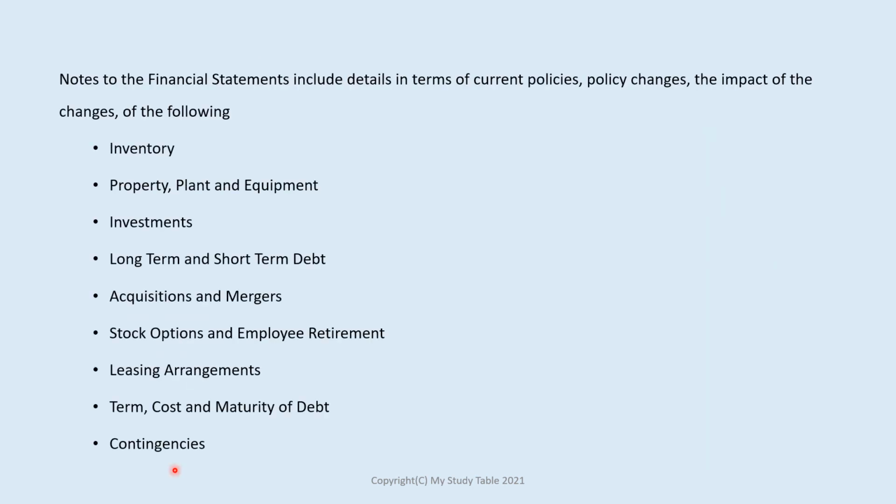The notes to the financial statements include details in terms of current policies, policy changes, the impact of the changes of the following items: inventory, property, plant and equipment, investments, long-term and short-term debt, any acquisitions and mergers, stock options, employee retirement, leasing arrangements, term, cost and maturity of debt, and contingencies.